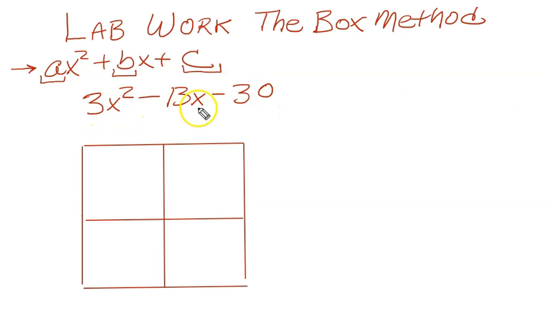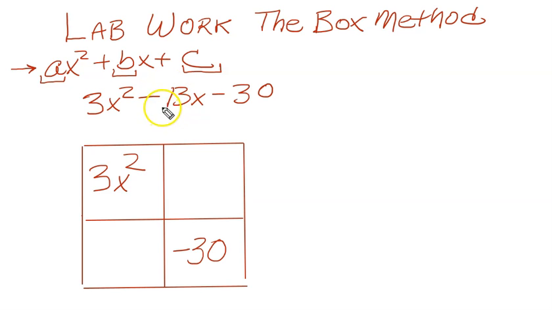Again, this is our trinomial. You make a box. And the protocol would be to take this first item and put it here, and this last item here. Now we have to be careful of the signs.